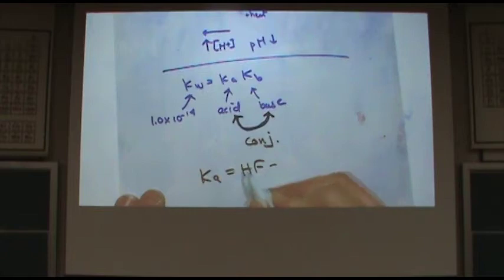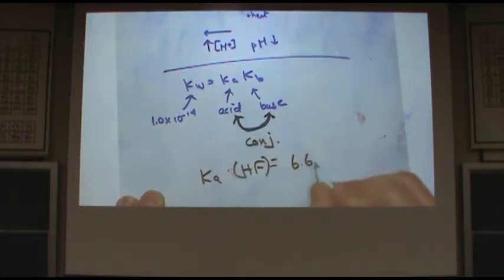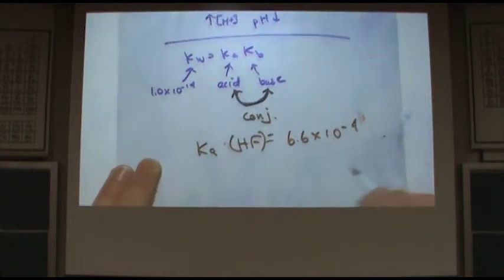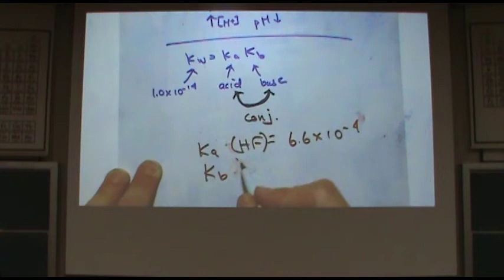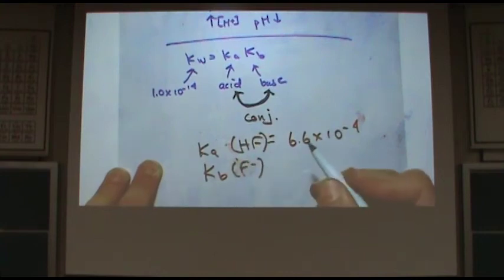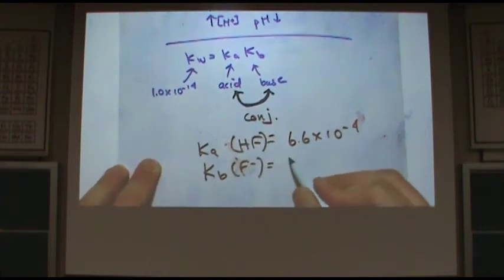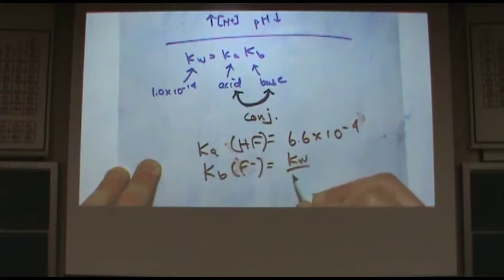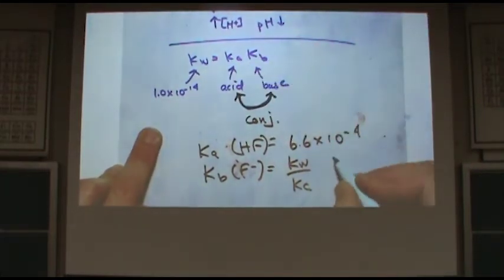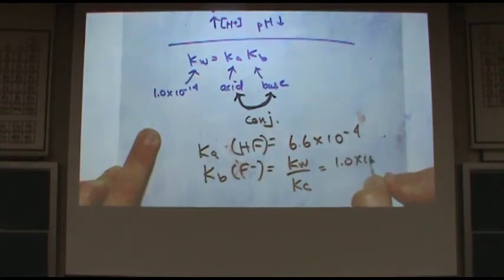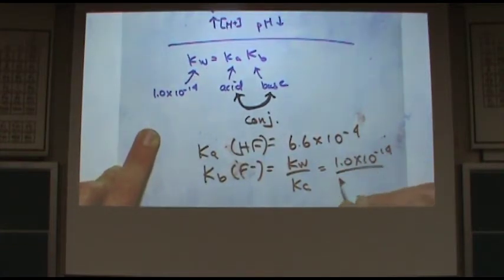So the Ka for HF equals 6.6 times 10 to the minus 4. That means the Kb for F minus is equal to Kw divided by Ka, if you solve for Kb here. And that's 1.0 times 10 to the minus 14 over 6.6 times 10 to the minus 4.